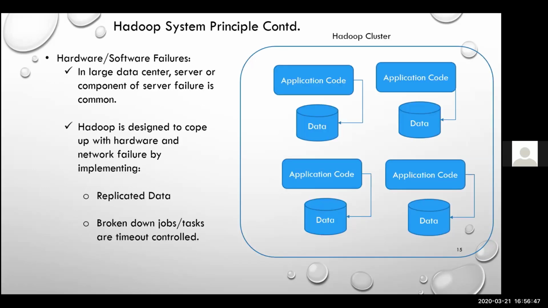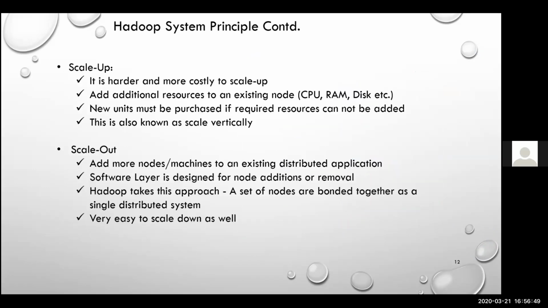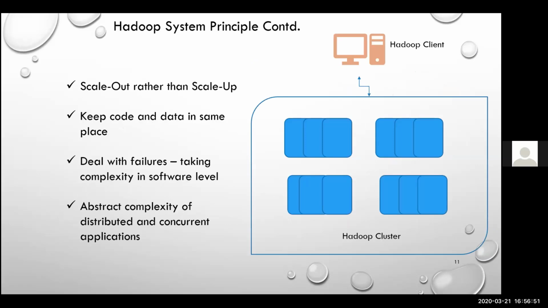I'm just recapping, because these are very important, the Hadoop principles. Scale up is not solving our problem for large applications. So we have to think about scale out techniques, and that Hadoop supports.